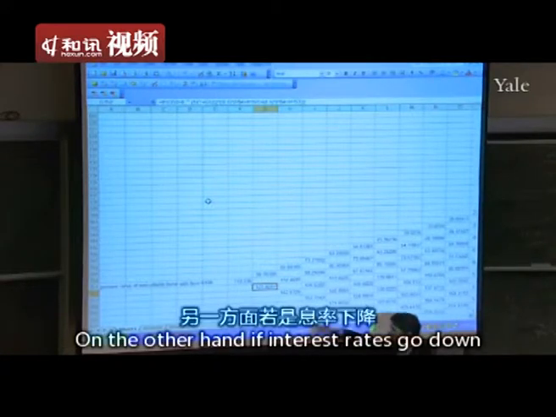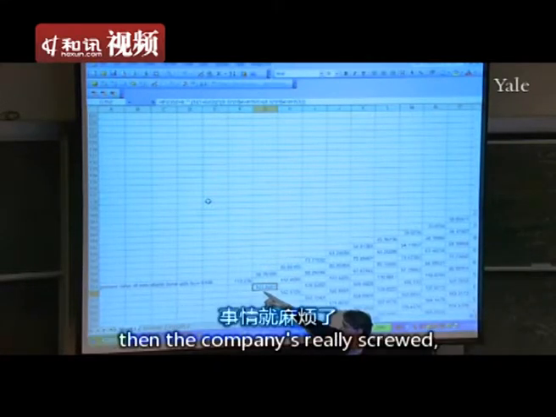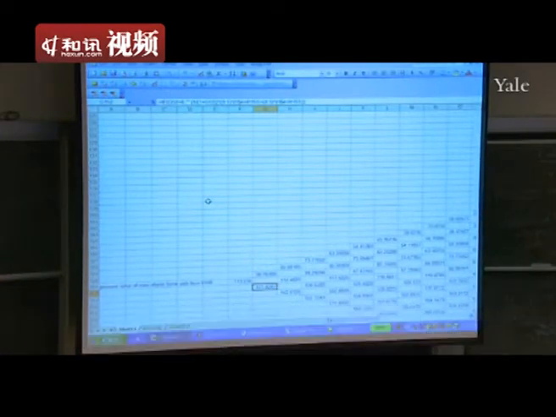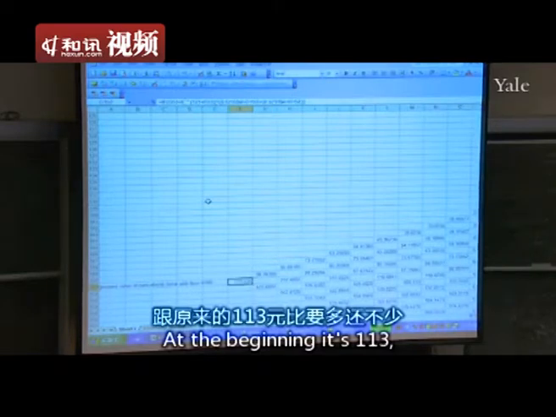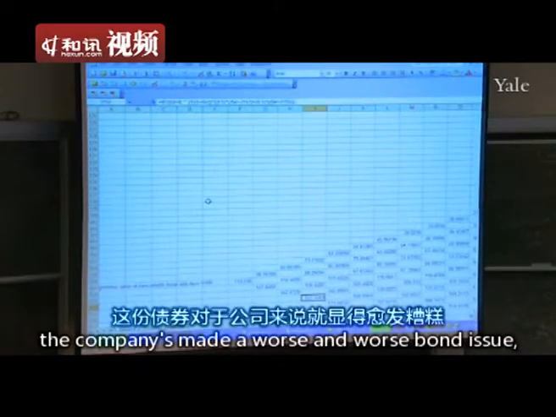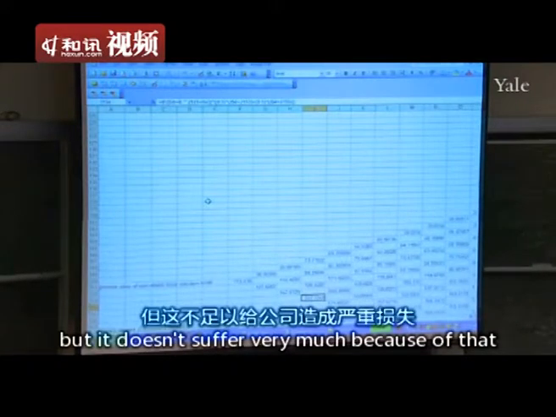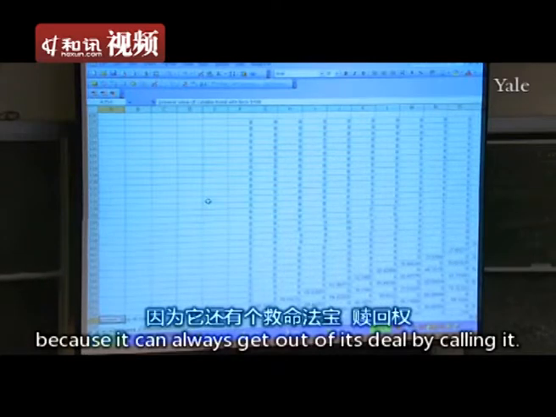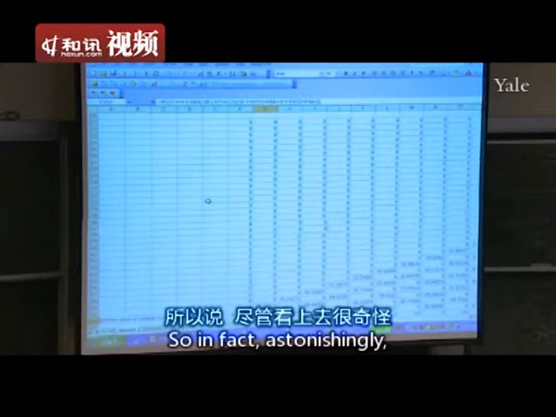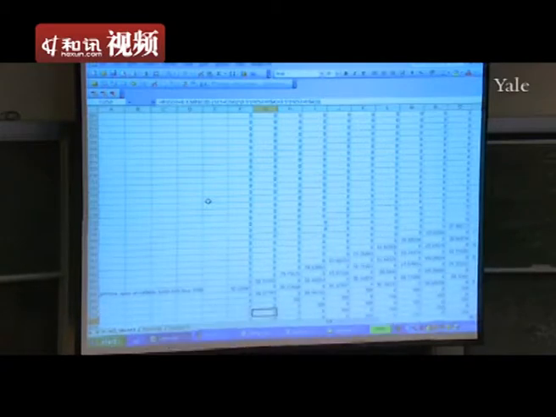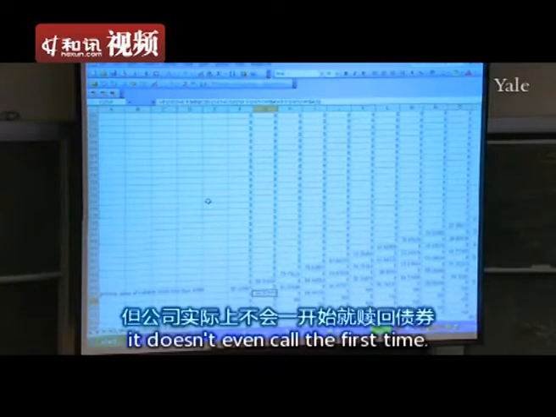On the other hand, if interest rates go down, then the company's really screwed. Now the present value of what it owes is 127, and at the beginning it's 113. So as interest rates go further and further down, the company's made a worse and worse bond issue. But it doesn't suffer very much because of that, because it can always get out of its deal by calling it. So in fact, astonishingly, it doesn't even call the first time.